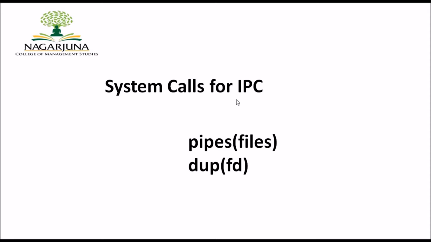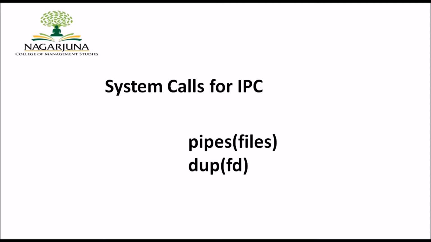If I want to establish communication between two different processes, take the output of one process and give it as input to another process, then I make use of a system call called pipe. The last system call with respect to IPC, or inter-process communication, is DUP. DUP stands for duplicate, which is used if I would like to duplicate the file descriptor itself.